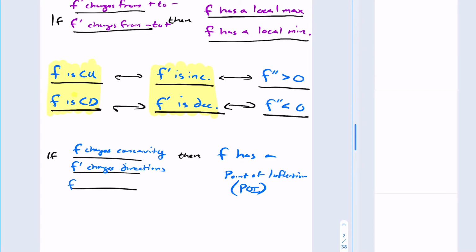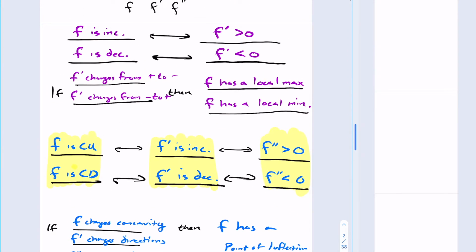So what does that mean with f double prime? F double prime is changing signs. Be very specific about what you talk about. Say either f prime or f double prime. This goes back to when you did that Flipgrid video where you had to switch hats and change the language. If they're speaking one language, you have to translate it to see what they're really asking you for.